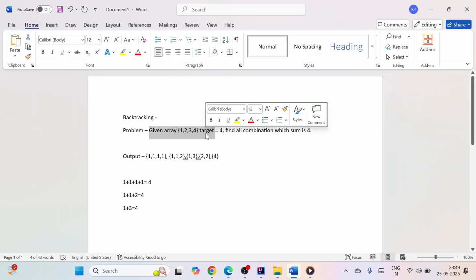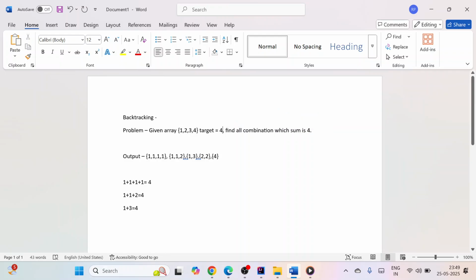If we are given 1, 2, 3, 4 and we have to achieve the target, can we use the DP? DP also works on the principle of recursion. Even backtracking works based on recursion. But a backtracking algorithm is designed in a way where we can go back. So that's called backtracking. We can go back and try a different solution.